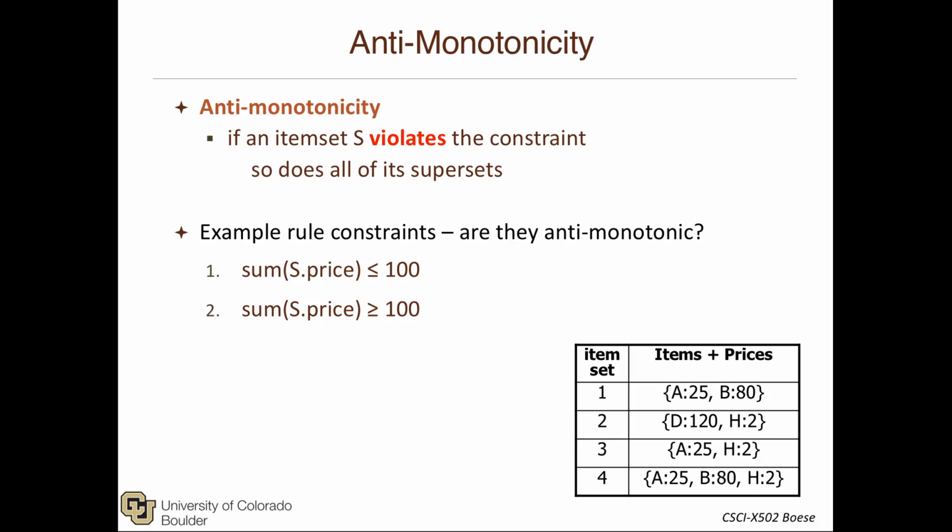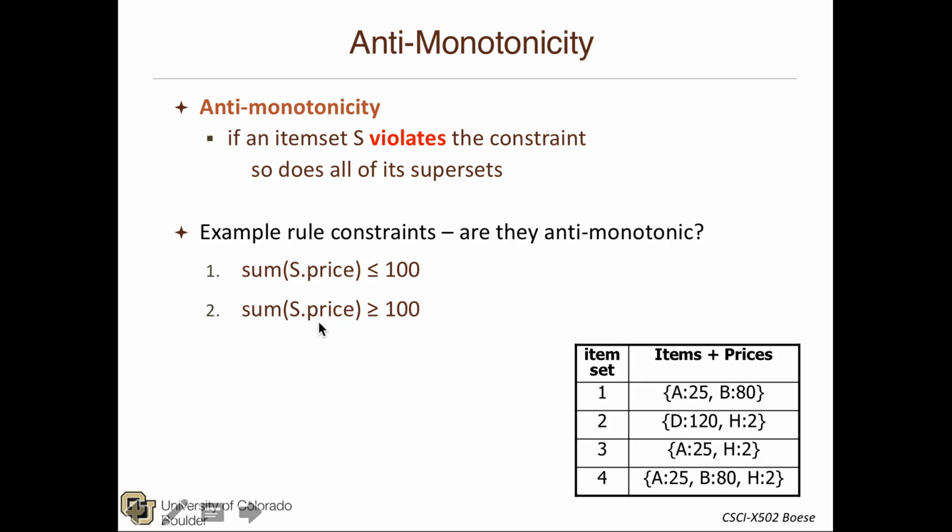Now if we take that same constraint and flip the sign, so that the sum of our subset is greater than or equal to 100, would this be anti-monotonic? If this item set violates it, say we have a basket of items, milk and bread, and it only comes to $6. The price of this subset is only $6, so it violates the greater-than-or-equal-to-100 constraint. But we can keep adding to it.